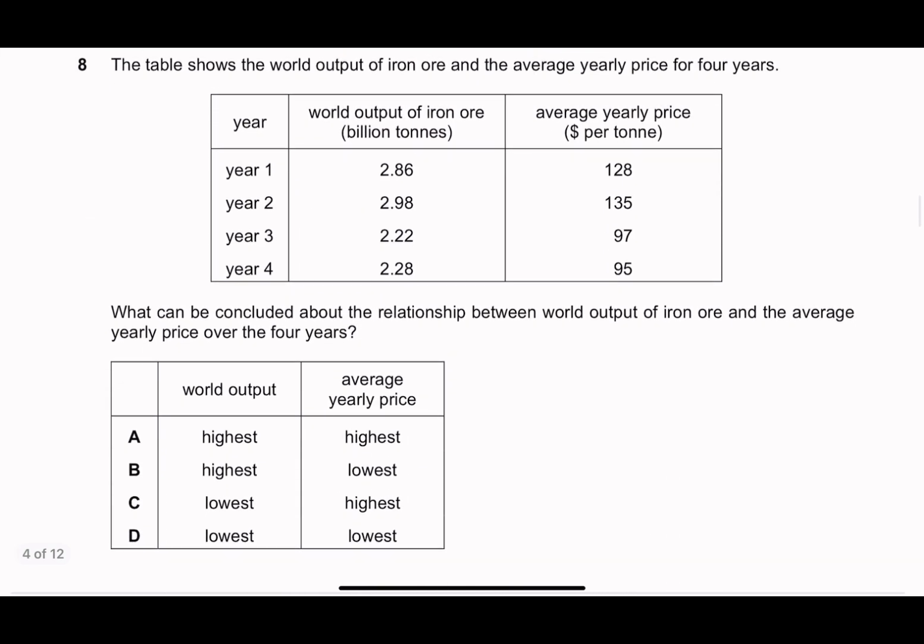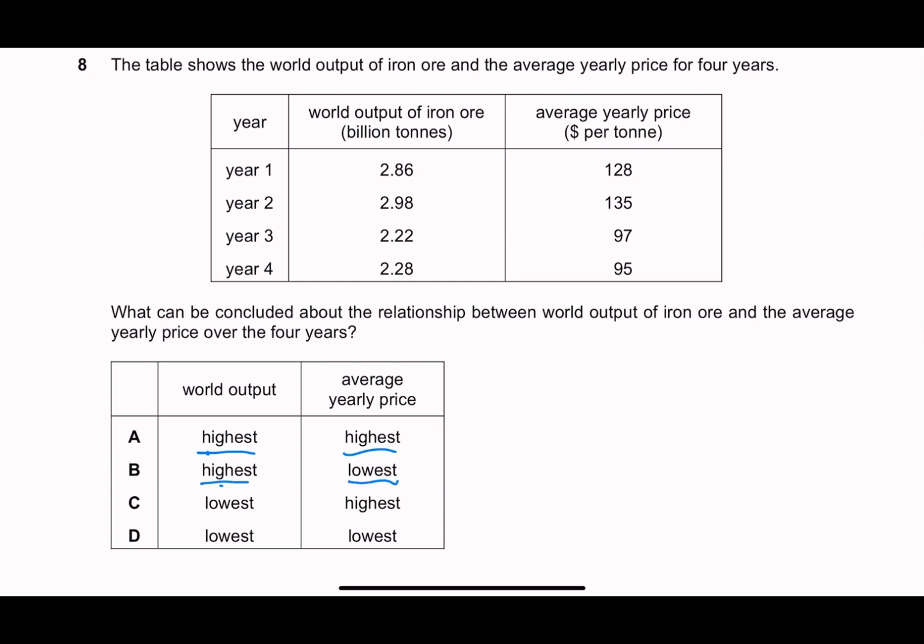Question 8. The table shows the world output of iron ore and the average yearly price for 4 years. So what can be concluded about the relationship between the output and the average yearly price over the 4 years? So they have these options. When the world output is highest, the price is also highest, or when it's highest, the price is lowest.